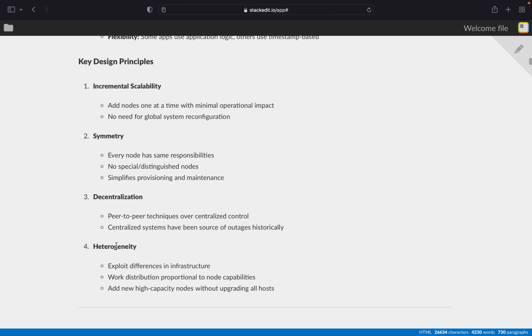What heterogeneity means is that it should be fine if we add different types of hardware into the cluster. It should not cause any problem if we add a certain variant of hardware, and then we again add, let's suppose, more memory efficient hardware.